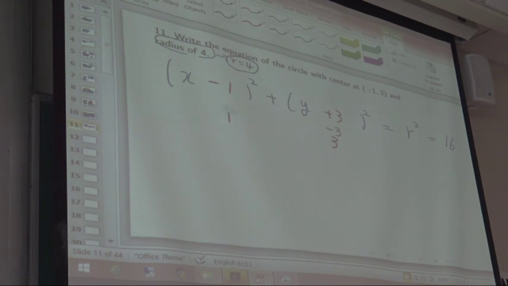That means we have to make this a positive and this a negative. When we set this equal to 0, x equals negative 1. When we set that equal to 0, y equals 3. So we have negative 1, 3 as the center. So it is actually the opposite sign of this one. So that is the equation. This is 16.